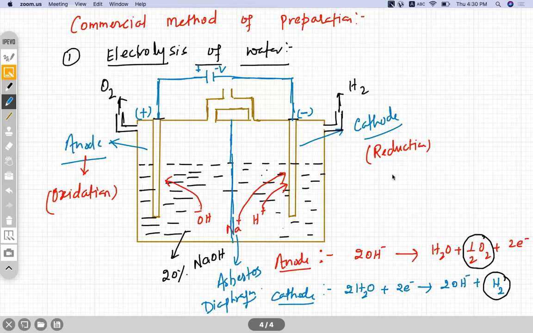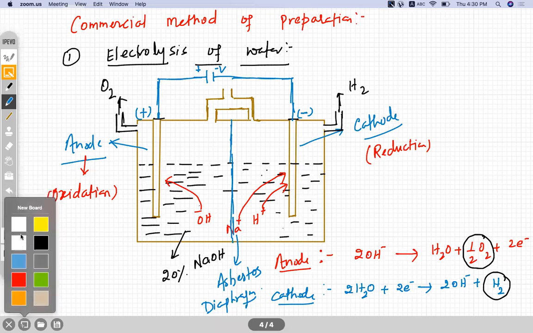Understood? Whether you use H2SO4 or NaOH, the product of electrolysis would be the same. It won't be different. In that case also, at anode oxygen evolves and at cathode hydrogen evolves.